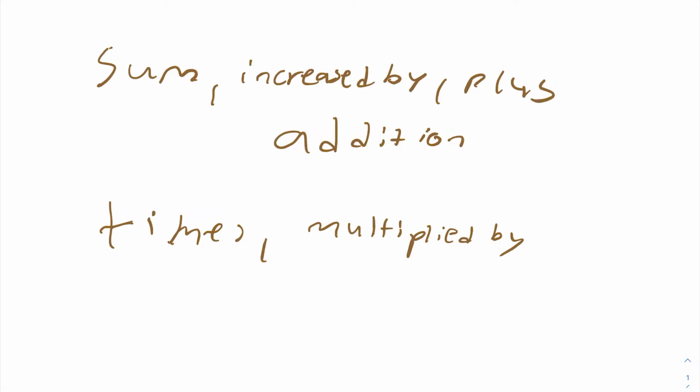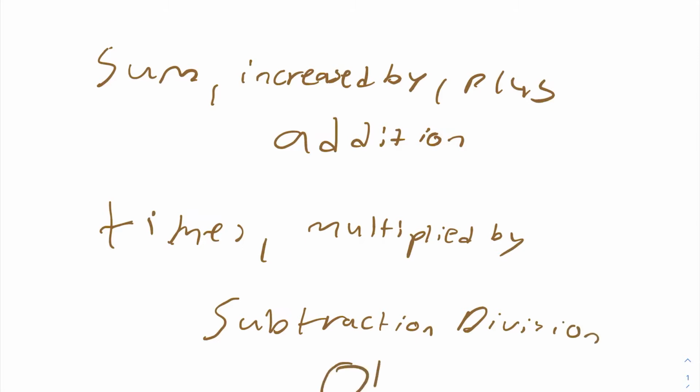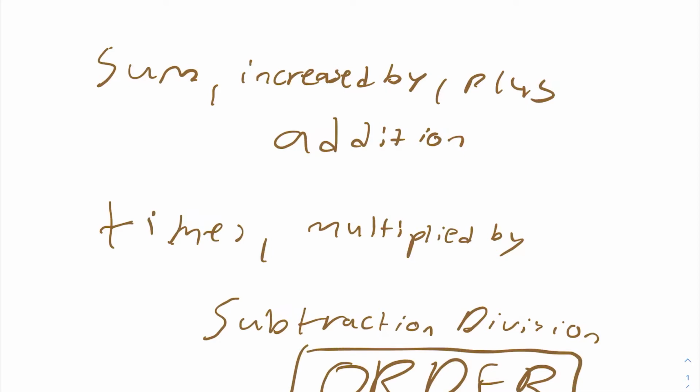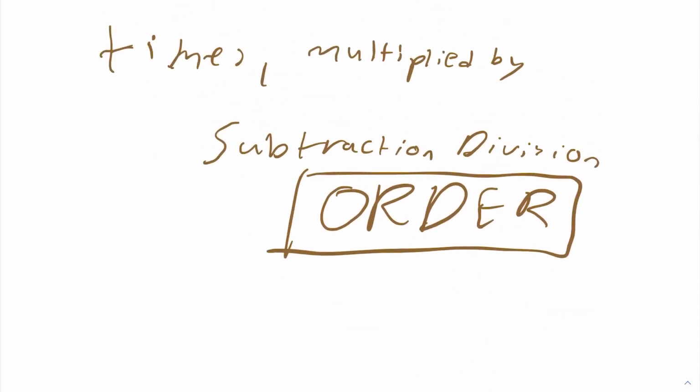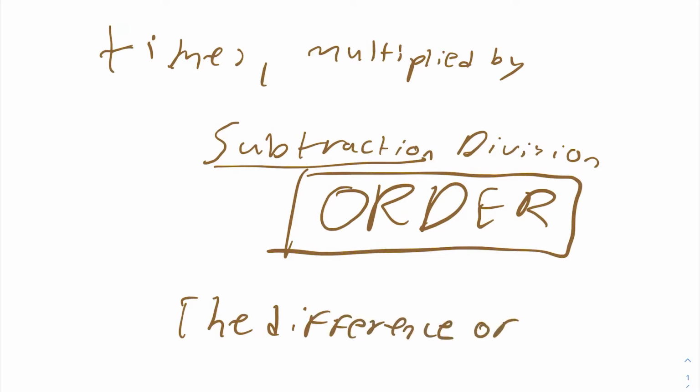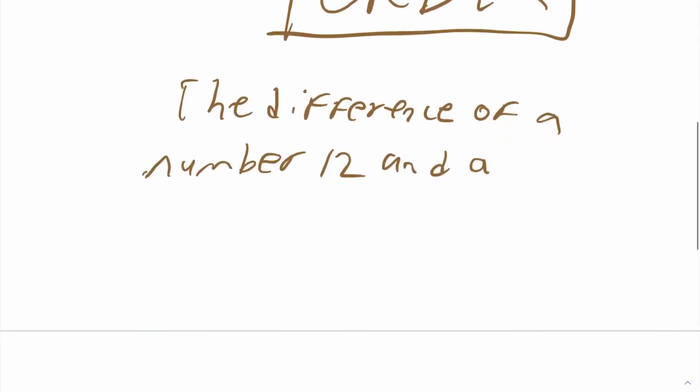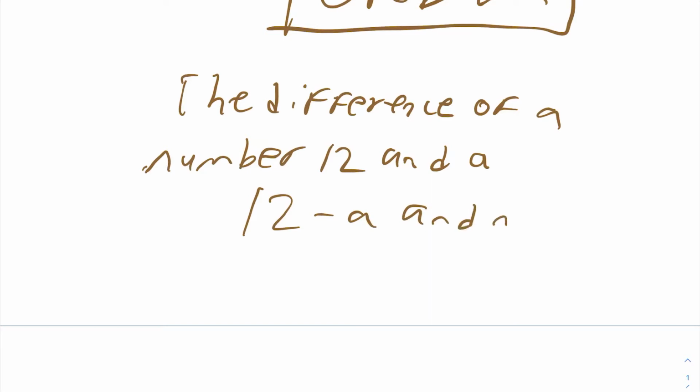However, when we're using subtraction and division, the order in which we write is important. For example, for subtraction, the reason we have to list things in order when we create an expression is because when we have an example like the difference of a number a and 12, it will need to be written as 12 minus a and not a minus 12.